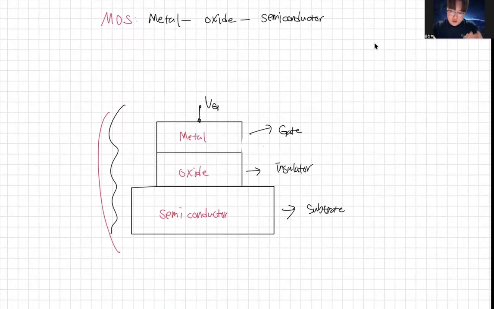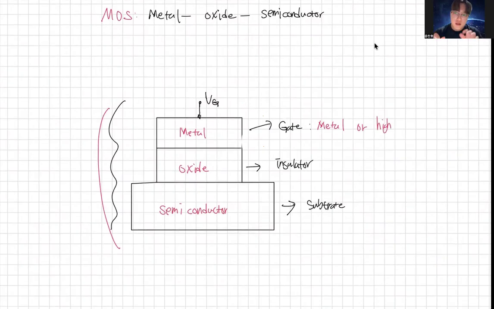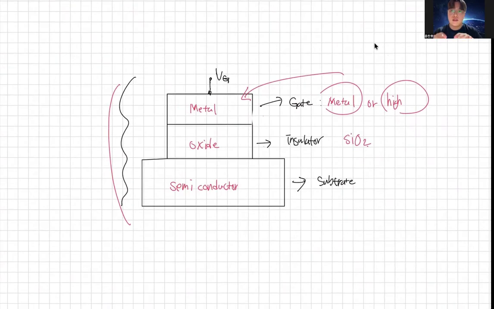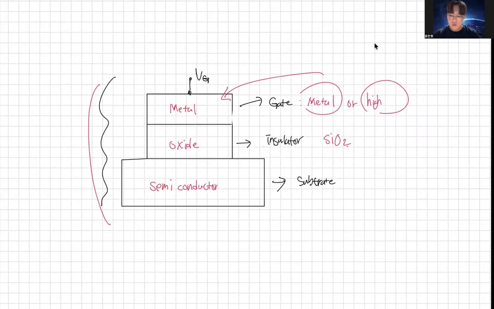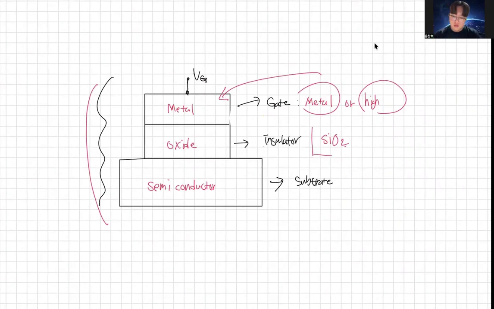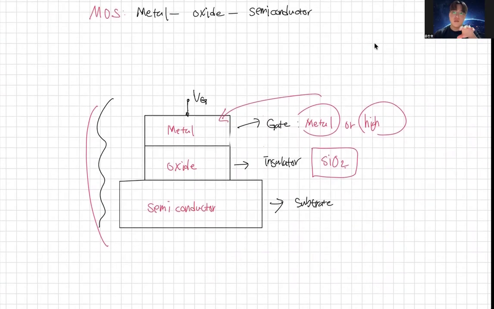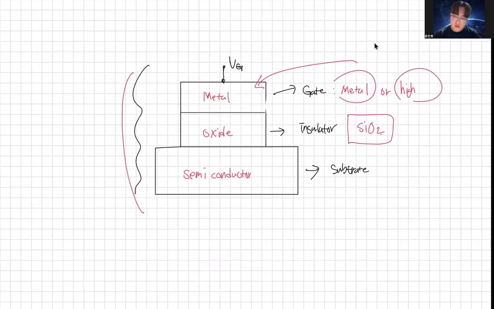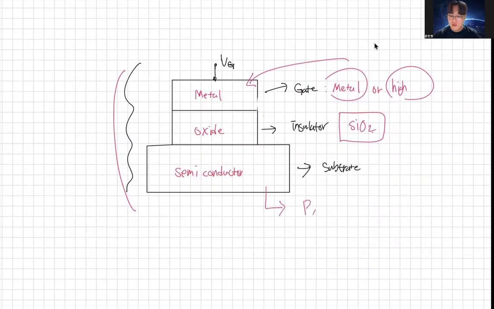We can use metal or highly doped polysilicon as the gate, because highly doped polysilicon works like metal. The insulator is SiO2. These days there are other oxides, but we have to know how SiO2 works in a MOS. And the semiconductor has two types, P type and N type.